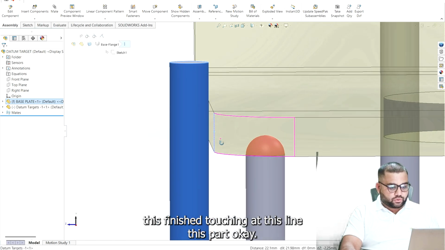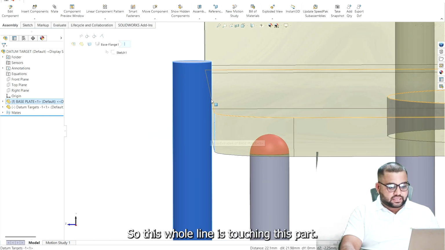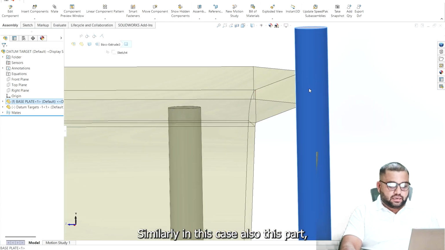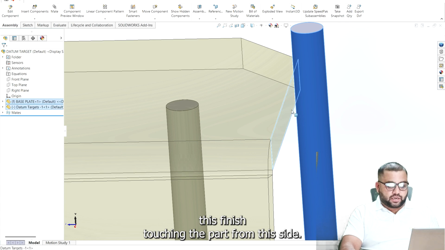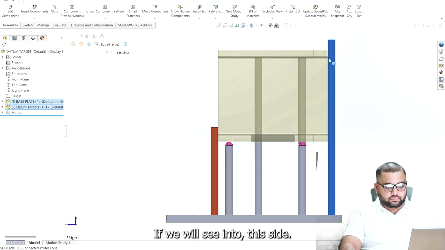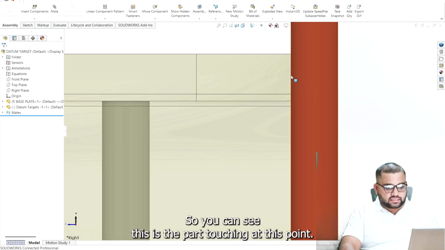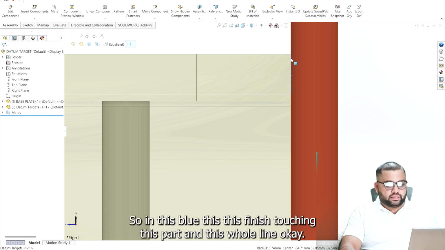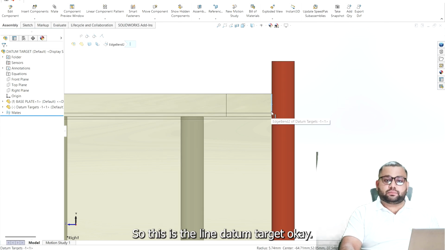The whole line is touching the part. Similarly, in this case also, this pin is touching the part from this side. If we look at this side, you can see the part touching along this line. So this blue pin is touching the part along this whole line. So this is the line datum target.